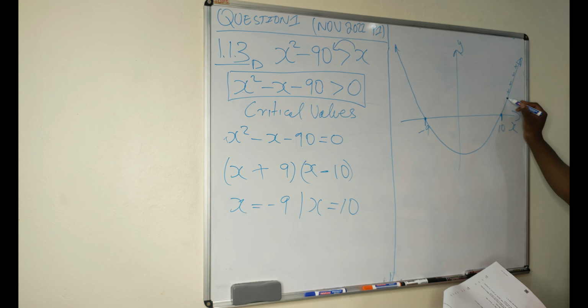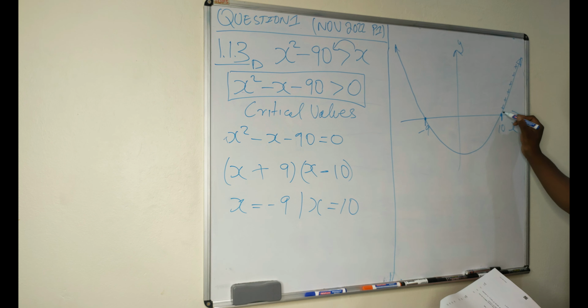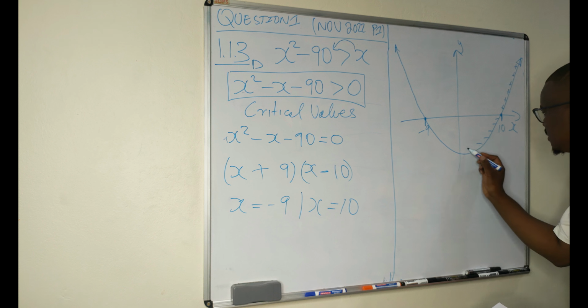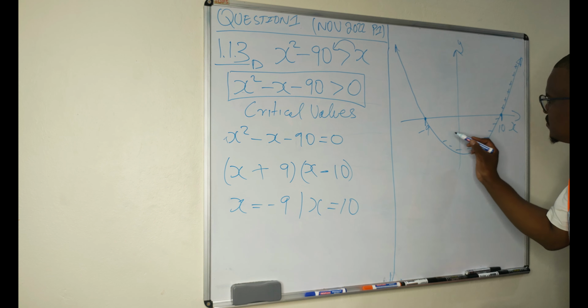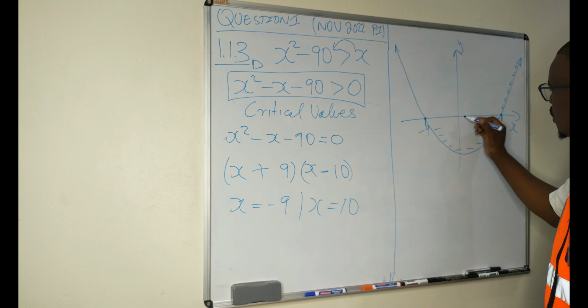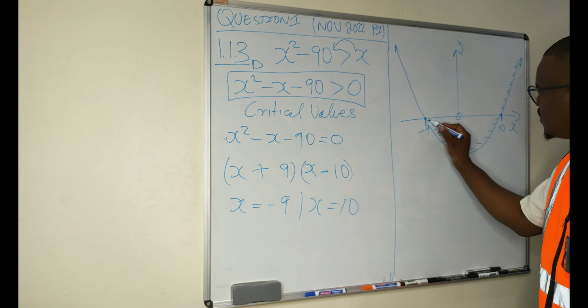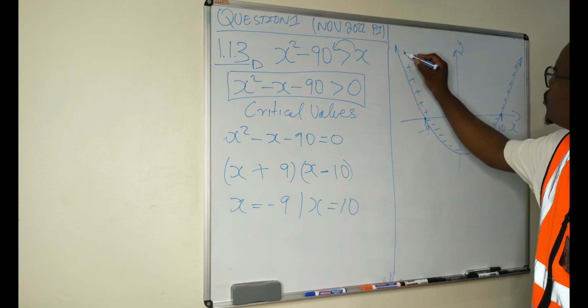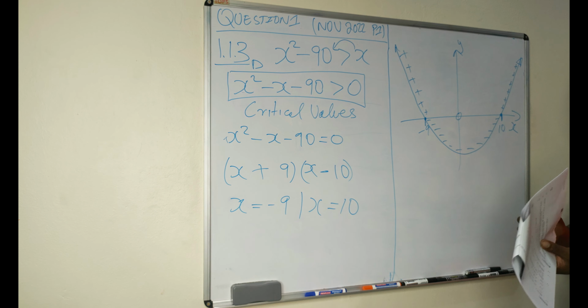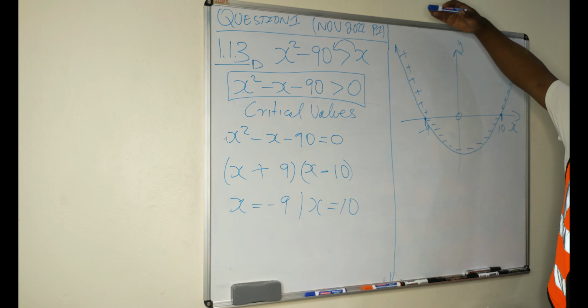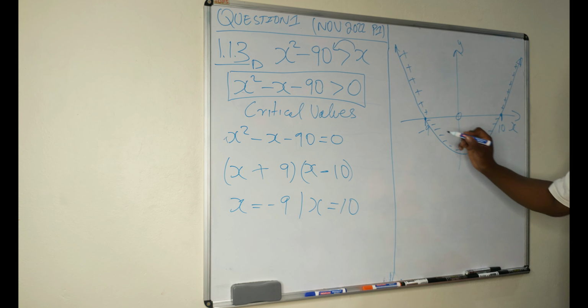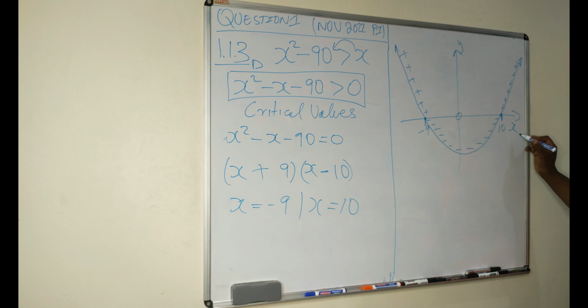Positive, positive, 0 here. Negative, negative, because it's below 0, right? Then positive again, above the line y is equal to 0, because this is the x-axis, right?